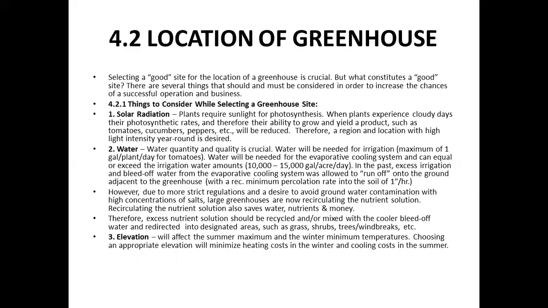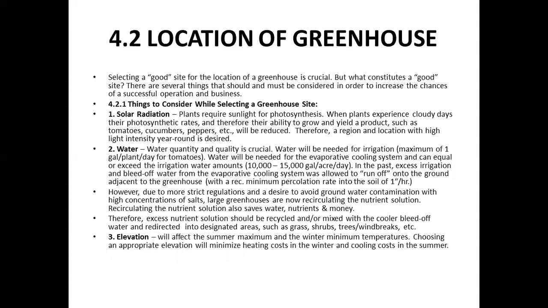So location of greenhouse is a very important factor while constructing a greenhouse. This is the important aspect which directly reflects on the production or on the environment of the greenhouse condition, so it needs to be investigated and given more importance.